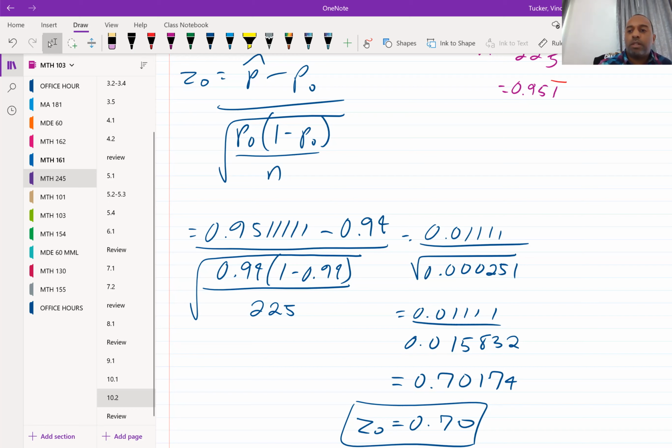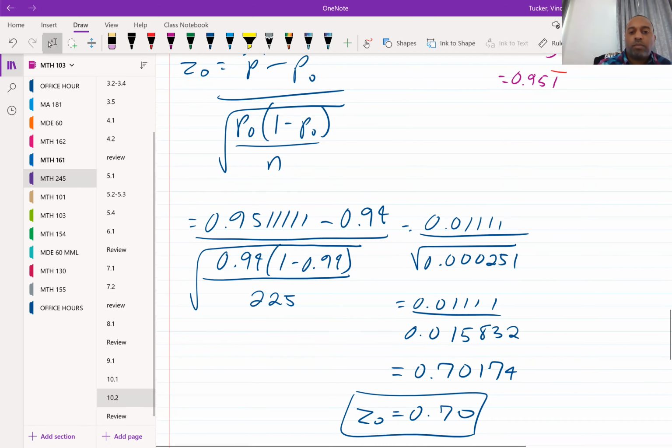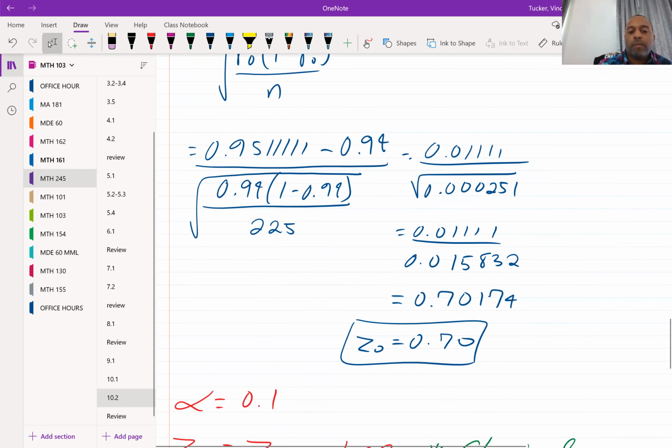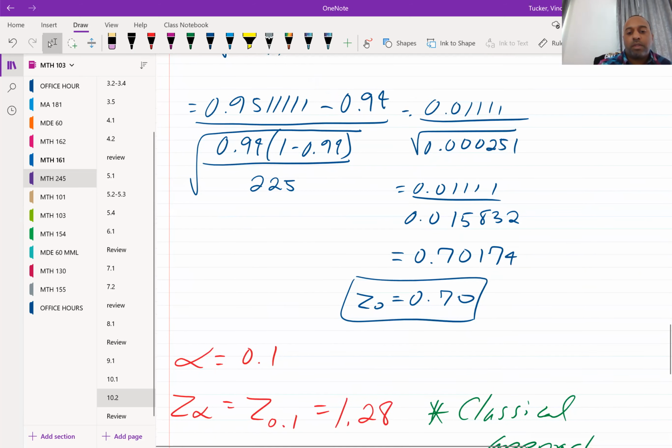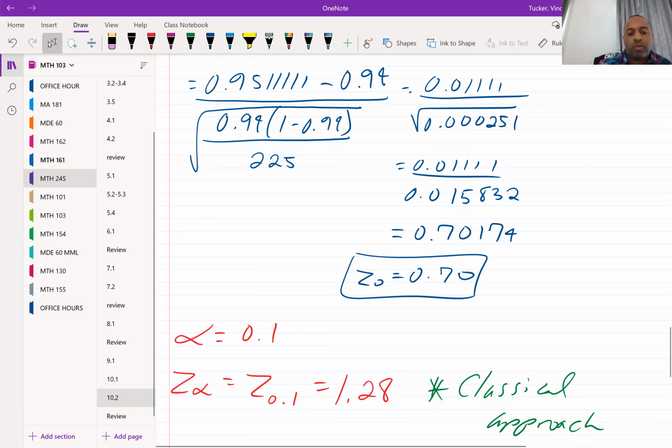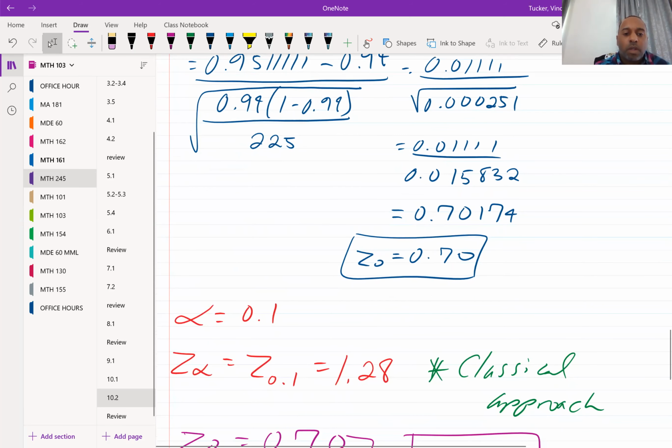All right, everybody good? So the z-score is 0.7. And then alpha is 0.1.